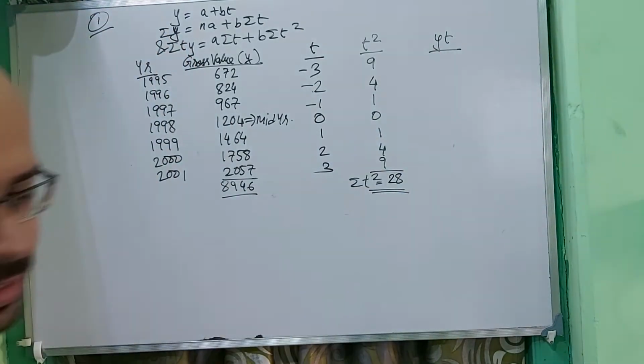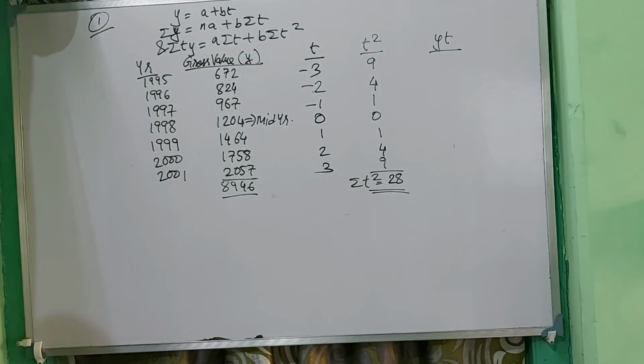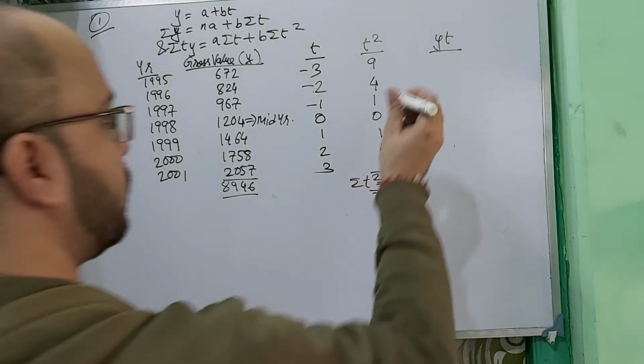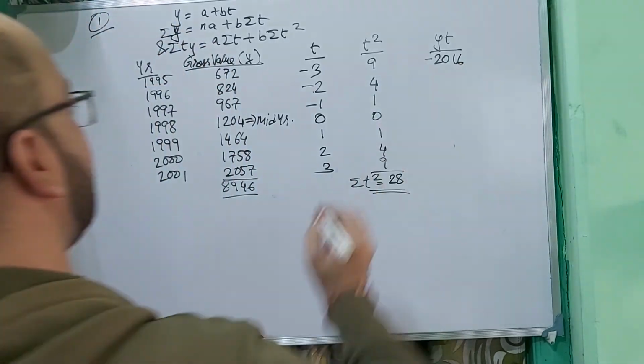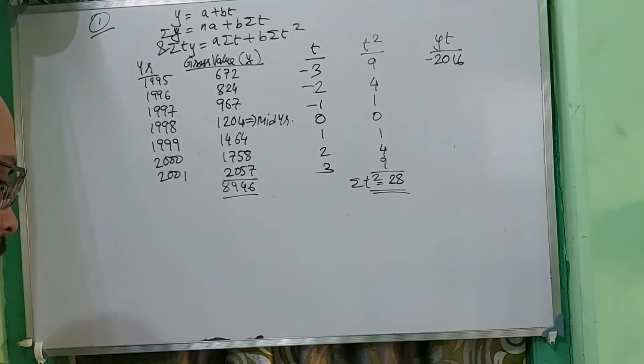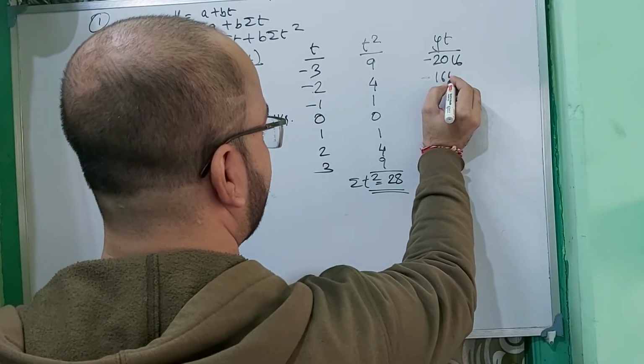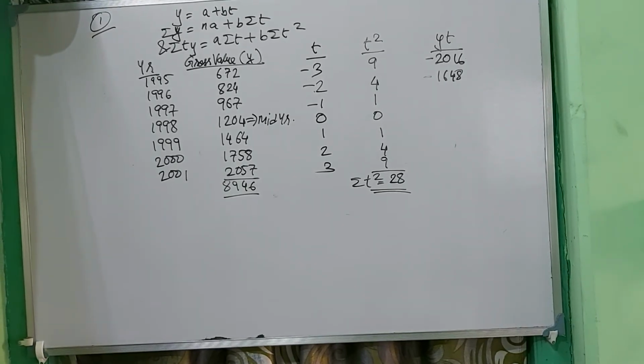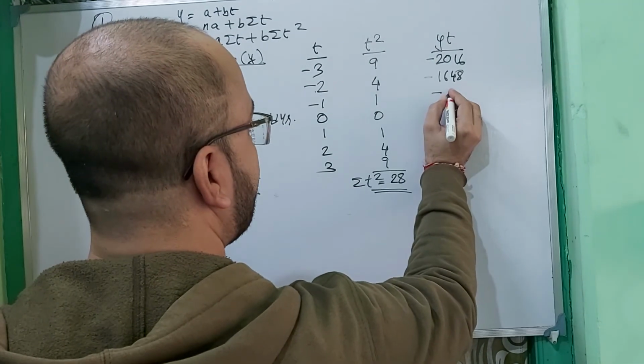I am considering yt. So yt will be y into t, means 672 into -3. 672 into 3 is 2016, obviously negative 2016. 824 into -2: 824 into 2 is 1648, obviously negative 1648. Next, 967 into 1, obviously -967.